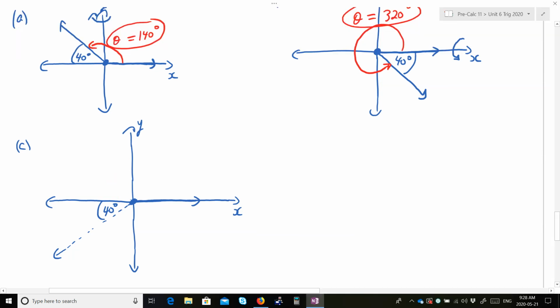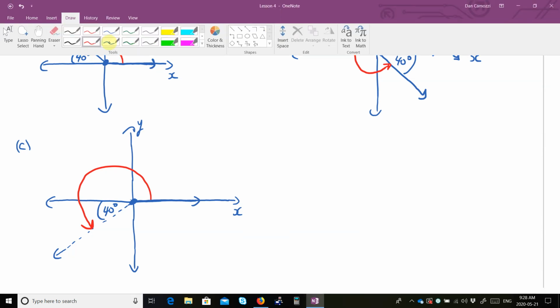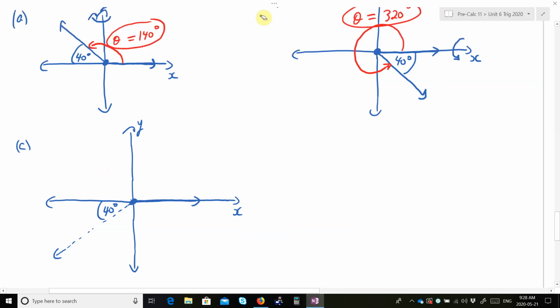Okay, and so what is the angle in standard position now? So the angle in standard position is from the positive x-axis all the way to the terminal arm. Okay, so notice that would be 180 degrees plus 40.